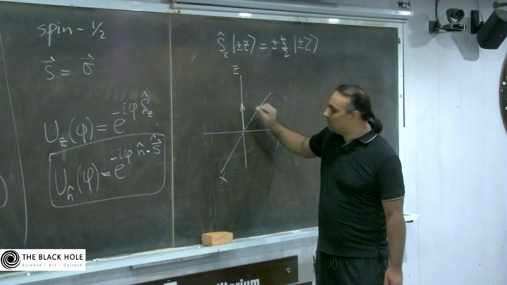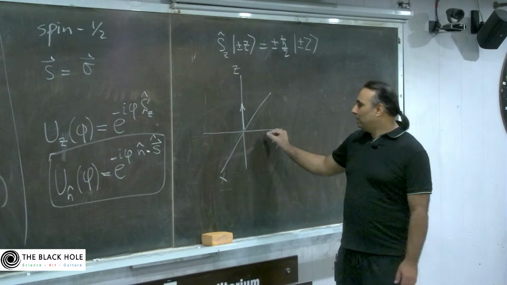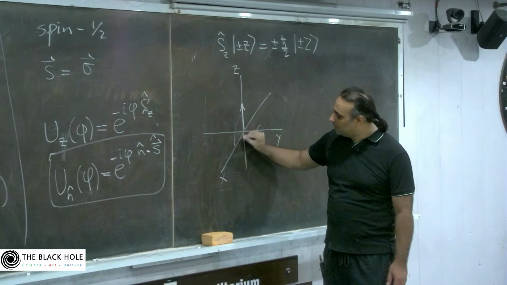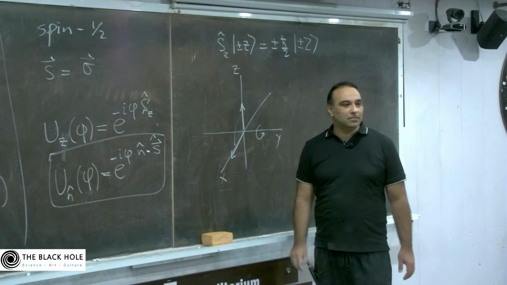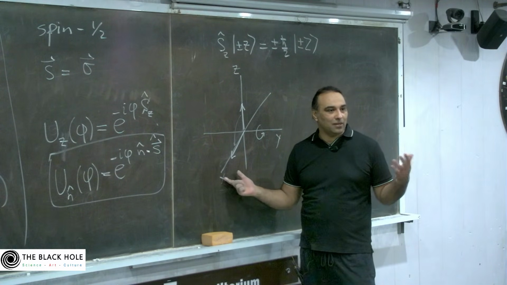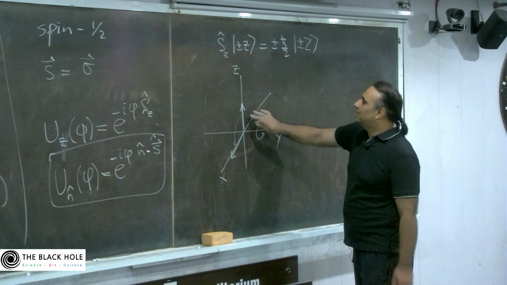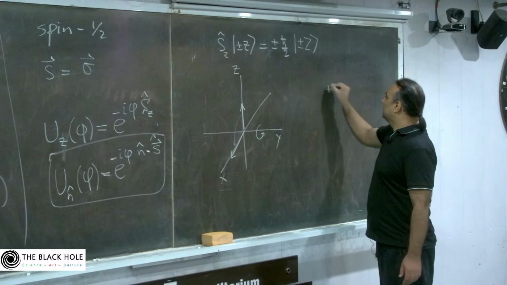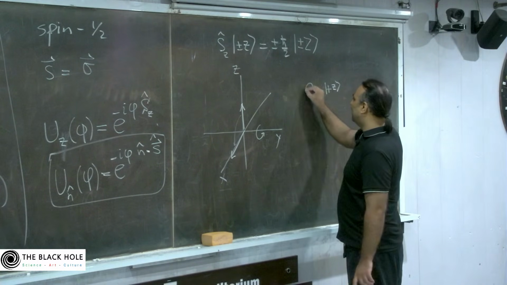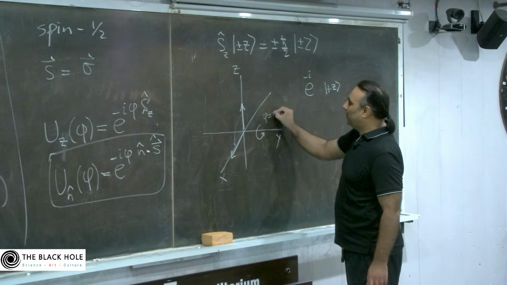Suppose you have a state here. If you rotate it by pi by 2, it will become a state of the spin operator along x with eigenvalue plus half. That means you take this plus z and rotate it by phi around y, where phi is pi by 2.